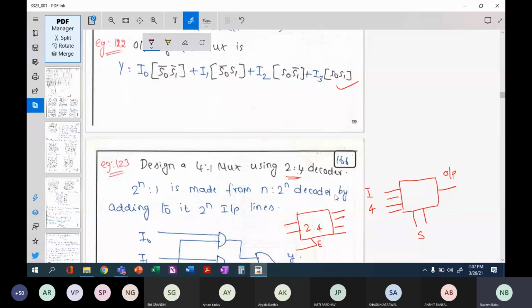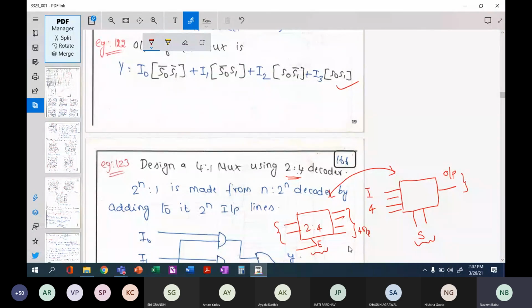Now compare this block and this block. Is there any similarity? Yes, there are similarities. These 4 outputs here are your 4 inputs here. The 2 inputs here are your 2 select lines here. The enable signal is your output signal here. So this is the only difference here.